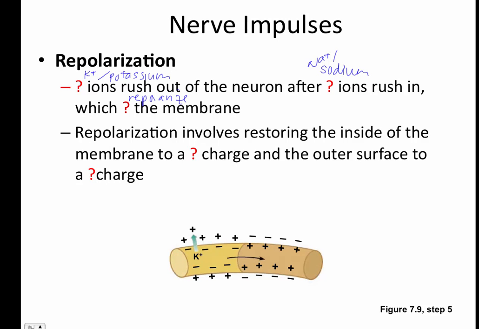So we're once again going to make this negative. Repolarization, remember, is that downward phase of the slope. It involves restoring the inside of the membrane to a negative charge once again, and the outer surface to a positive charge. So we're returning it back to normal conditions.